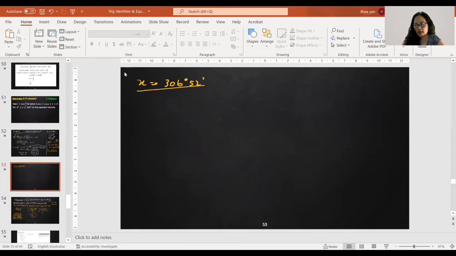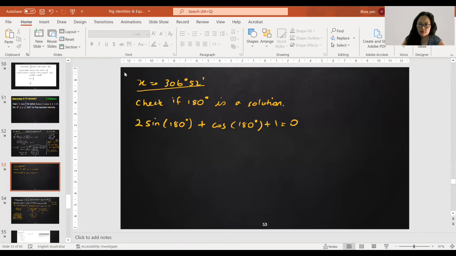Now we have to check if 180 degrees is a solution or root. It can be, you never know. So I'm going to put that into the formula: sine 180 plus cos 180 plus 1. If this satisfies, then our 180 is a solution.